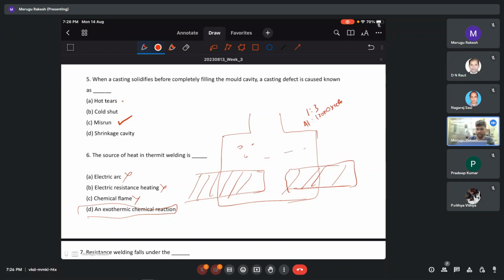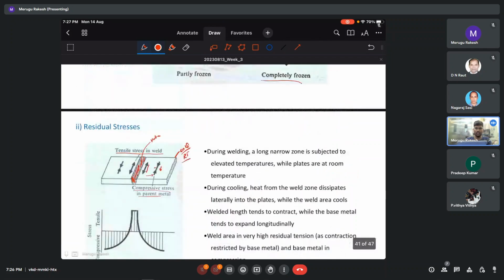Once it is filled with powders, we start the initiation with some fire. Then, due to this exothermic chemical reaction, it will be in a completely molten state. Then we remove the casing and finish it off. So this exothermic chemical reaction provides the heat, and that heat is used for joining the metals.